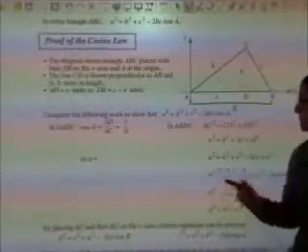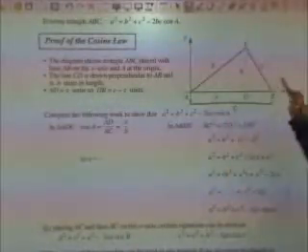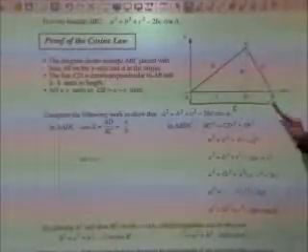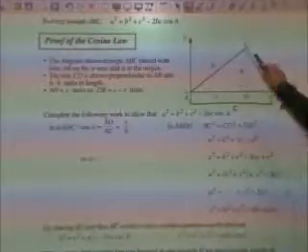So in triangle BDC, that's this triangle right here, I have Pythagoras' theorem. BC squared equals CD squared plus BD squared.